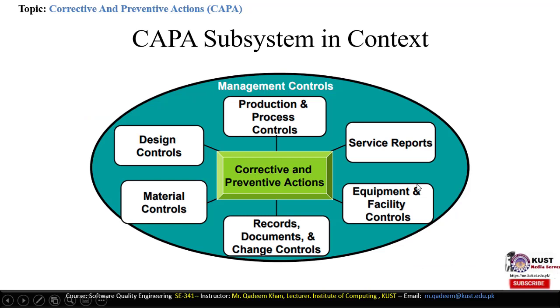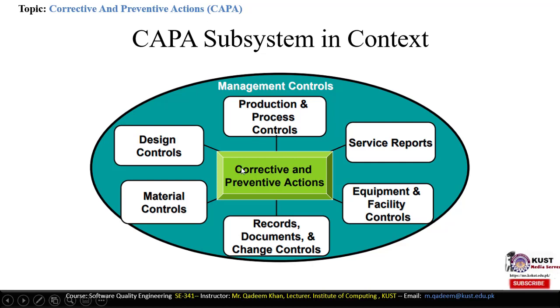Now, CAPA subsystem in context. Corrective and preventive systems basically depend on other steps or phases as well, which are defined by the management controls. So basically, the CAPA subsystem has multiple subphases as well.